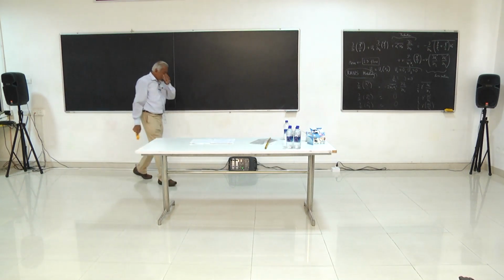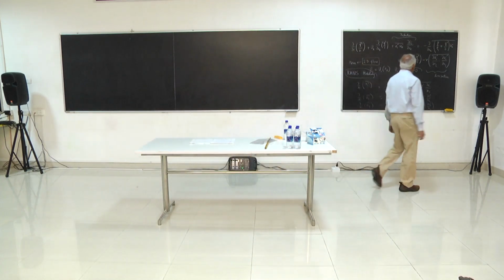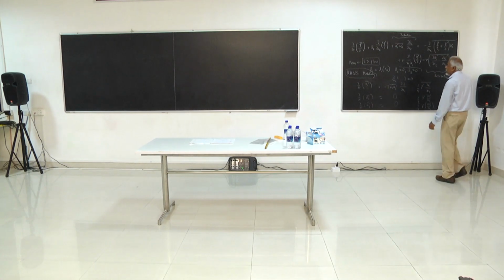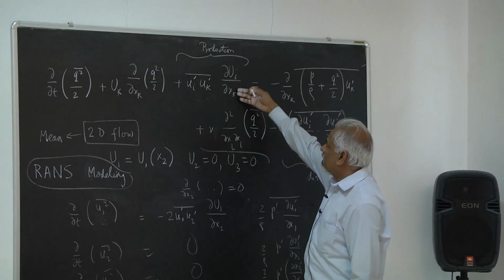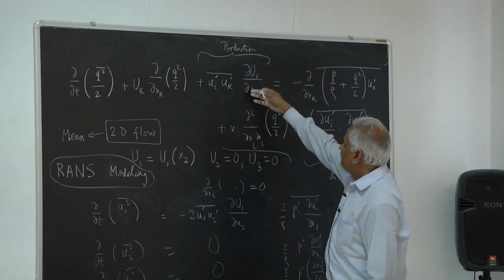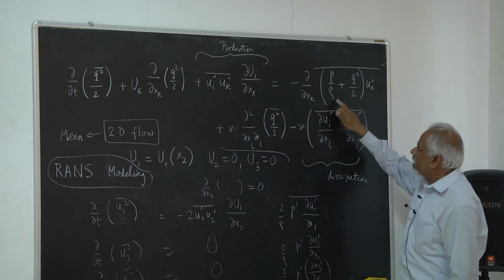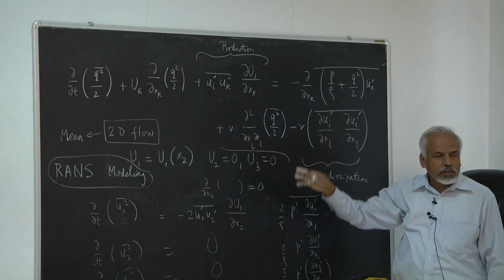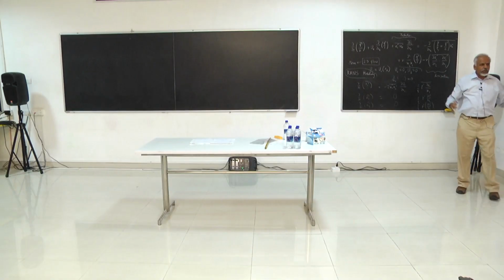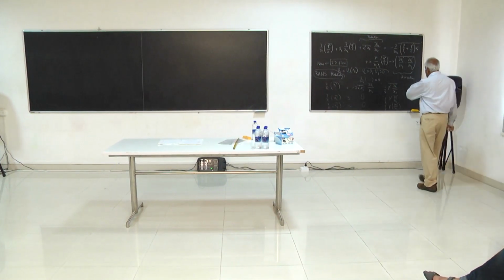So suppose I had a flow in which there were no gradients whatever. No gradients means, well, this will vanish, and d by dxk of this quantity, d by dx1, d by dx2 of these averages, that will also vanish, because everything is homogeneous. Everything is the same everywhere statistically.